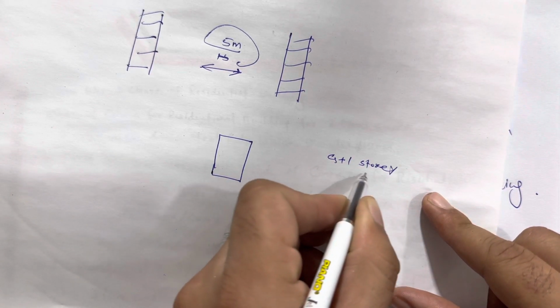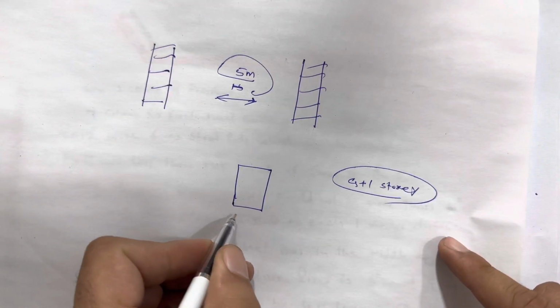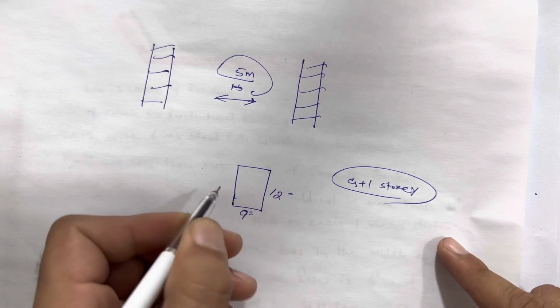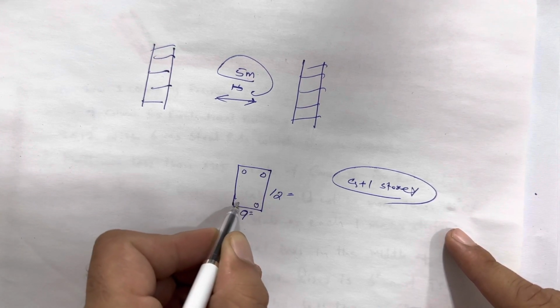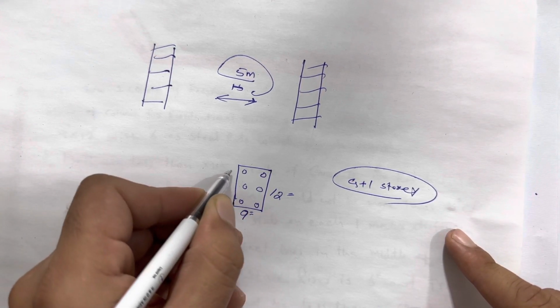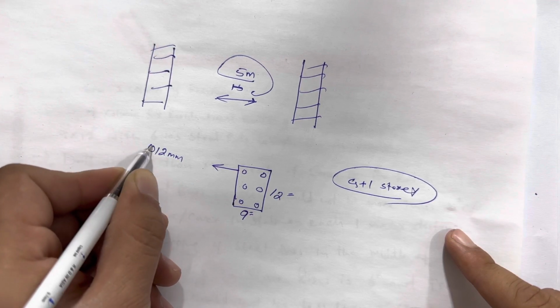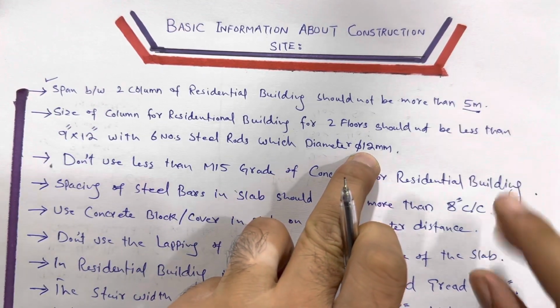So in this case you should have a minimum column size of 9 inches by 12 inches. This is normal, and use 6 numbers of steel rods. Each rod diameter should not be less than 12 millimeter. This is especially for 2-story.